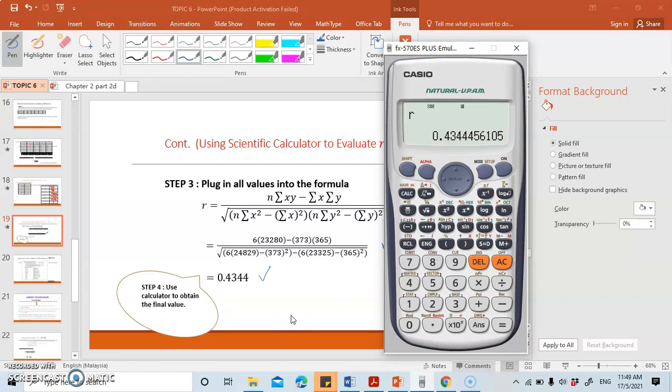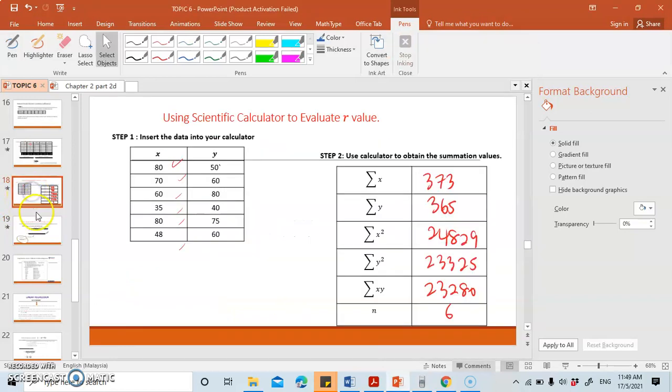Basically, in using the calculator to evaluate R, the first step is to insert your data into your calculator. Second, obtain the summation values from your calculator. You need to write this part in your working solution: what is the total X, what is the total Y, and so on.